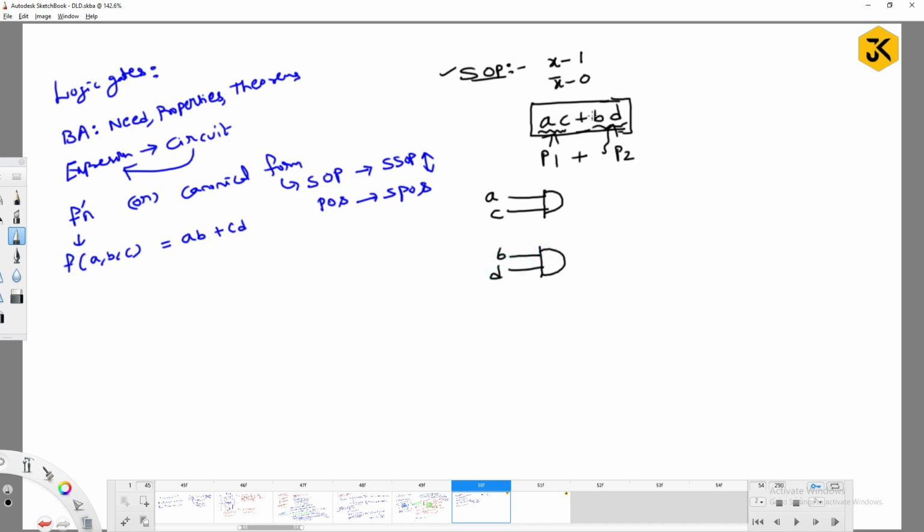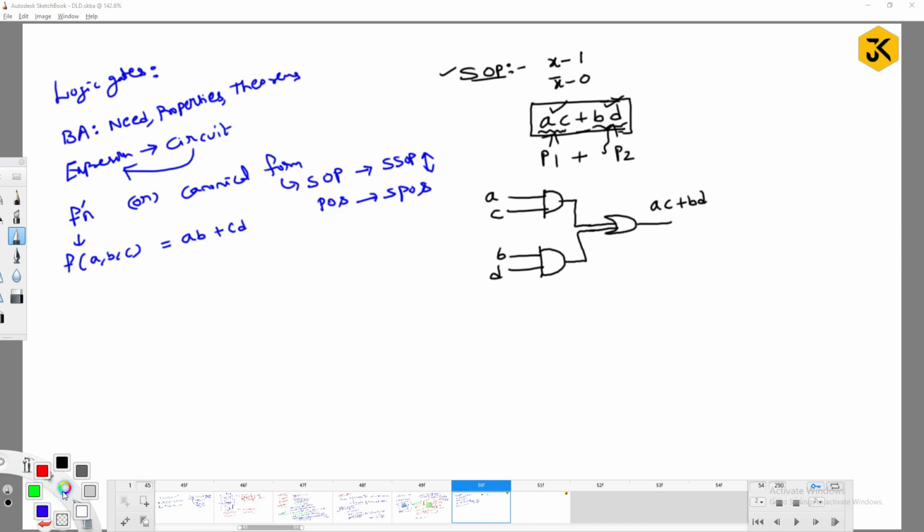Individual products are completed. Now the OR operation. The OR operation symbol is something like this. The output of A and C will be given to one input of the OR gate, and the output of B and D will be given to the other input of the OR gate. So your result is going to be AC + BD.